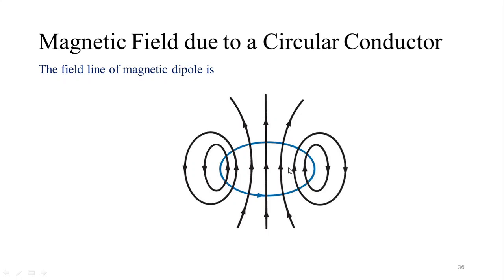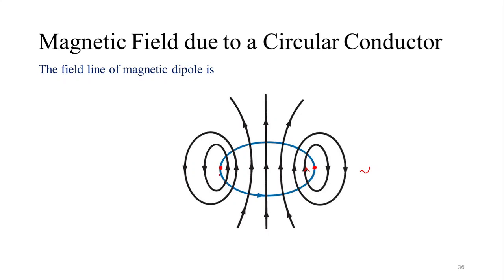Okay, so in one side, suppose you are having point dl here. Okay, so at the point you will have a circulating field like this, I mean the field is in this direction. Okay, and in the diametrically opposite point, here you will have the field in the opposite direction.